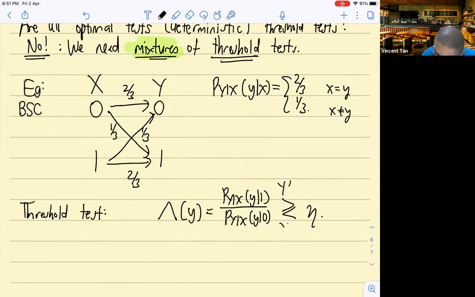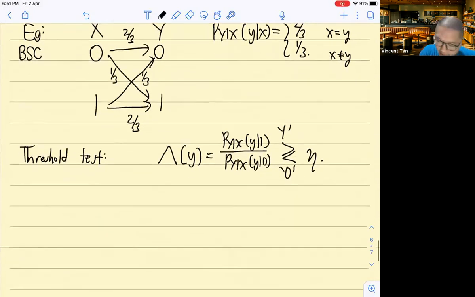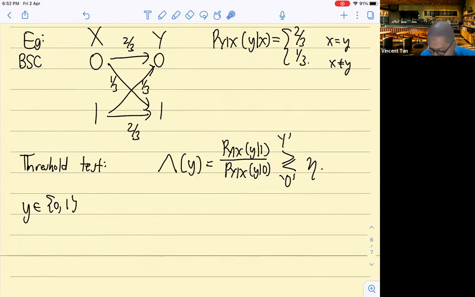Okay, now in this very deterministic scenario, first we know that Y can only take on two values, 0 and 1. Then how many values can this ratio take on?